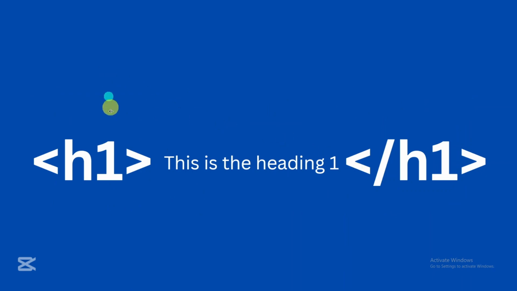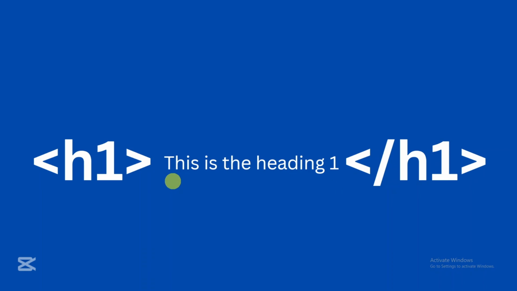Here I have an opening H1 tag and a closing H1 tag. Between the opening tag and the closing tag, I would have the caption or title I want to display on the web browser.